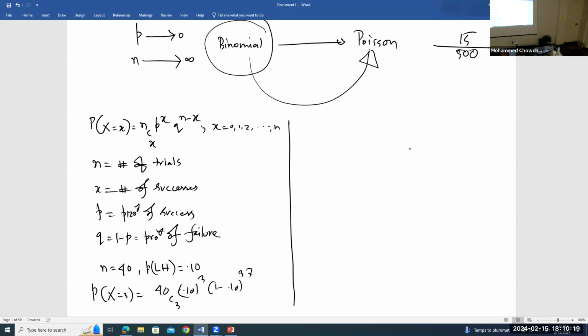So in the binomial distribution, the number of trials is fixed. For example, a hospital has 50 patients, and the probability of COVID patients is 0.50. What is the probability that 25 of those patients are COVID patients? Understand? n, the number of trials, is fixed and given at the very beginning.